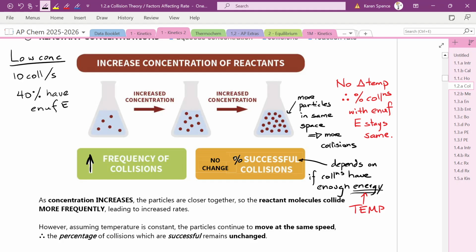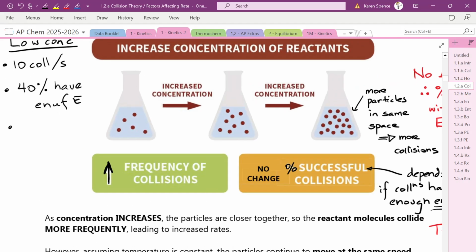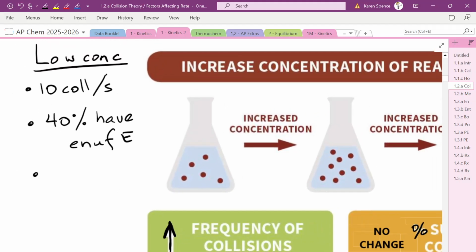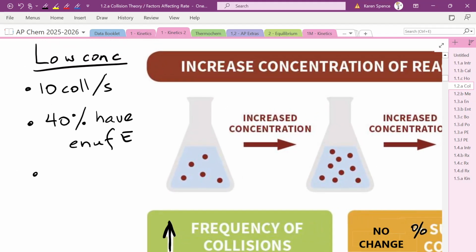So 40% are successful. So 10 collisions, 40% have enough energy. So how many successful collisions would we get? 10 collisions per second, 40% have enough energy to react. How many collisions would be successful per second? 4.